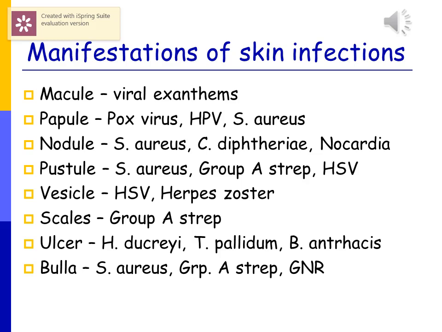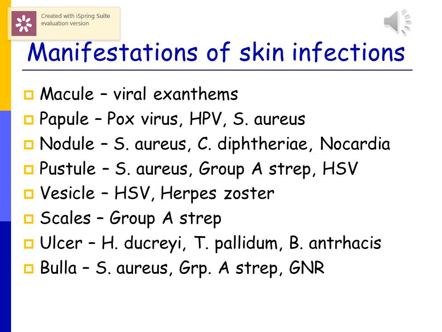If you guys remember, Nocardia is a gram-positive branching organism. You have pustules, which can be caused by Staphylococcus aureus, group A streptococcus, which is Streptococcus pyogenes, as well as herpes simplex virus.